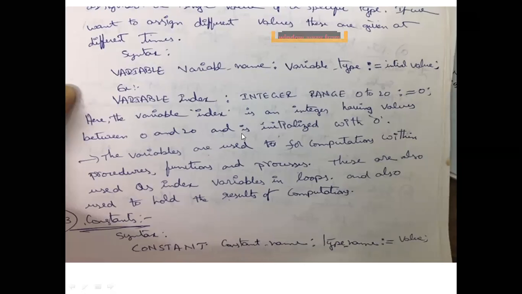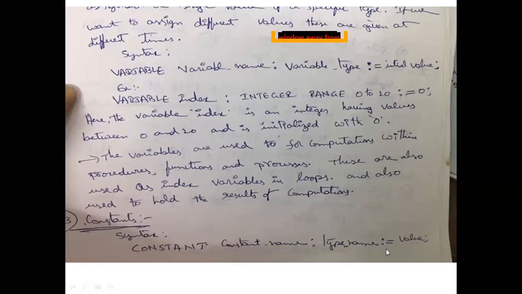After that, similarly to the variable name, we mention the constant name, colon, which type. That constant is which type? Bit type or bit vector type like that. So: constant name, colon, constant type.